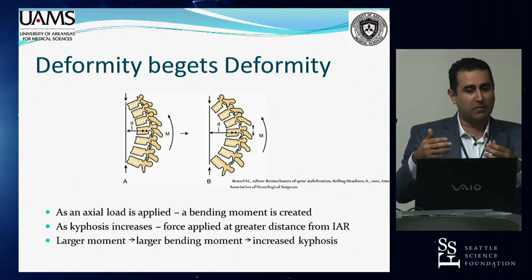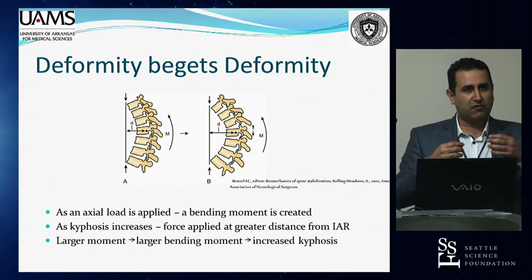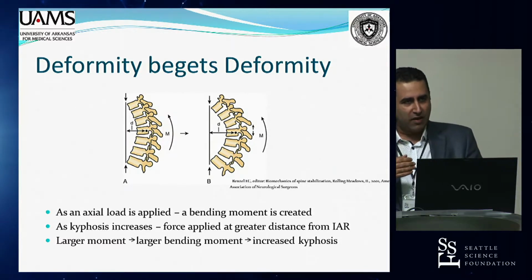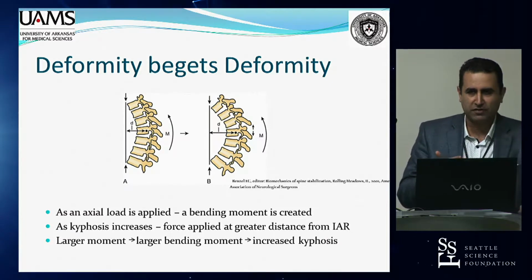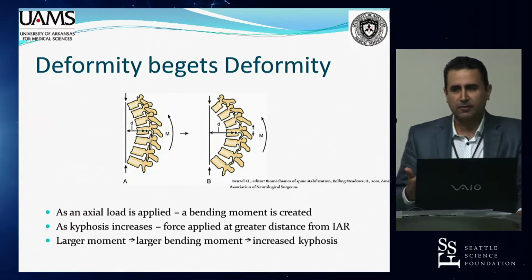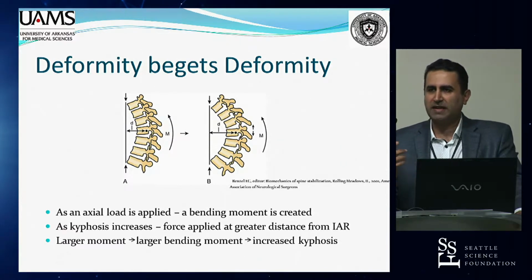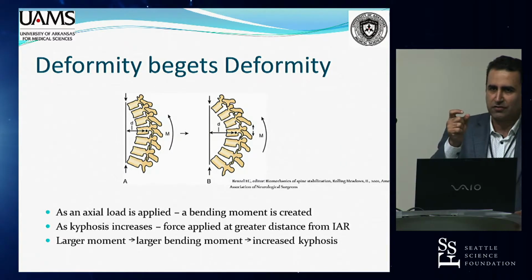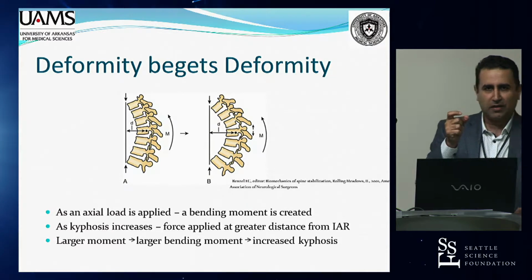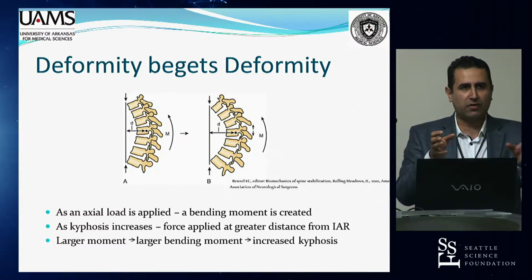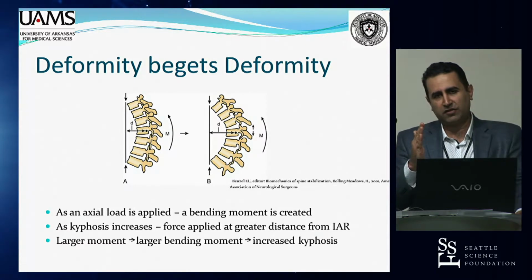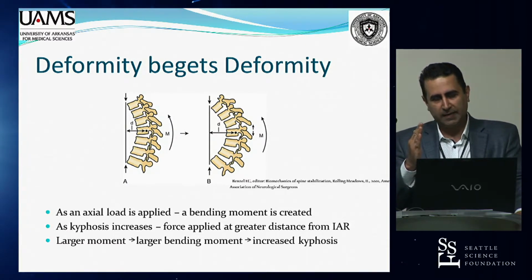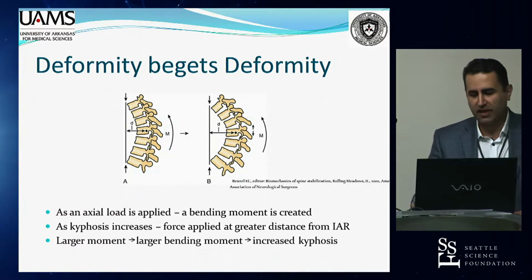That increases the moment, as we know, because a greater force is applied, and the larger moment then begets a larger bending moment, which increases the kyphosis. So it's a vicious cycle that needs to be arrested by decreasing the distance of the axis of rotation to the deformity, or the tip of the screw as a surrogate, but to the deformity. And so when we decrease the kyphosis, we increase neutrality, increase balance, we decrease the forces that would beget that deformity.